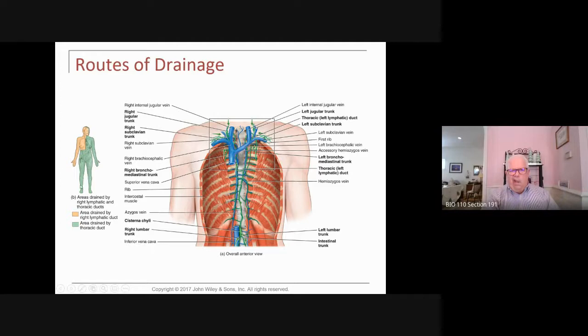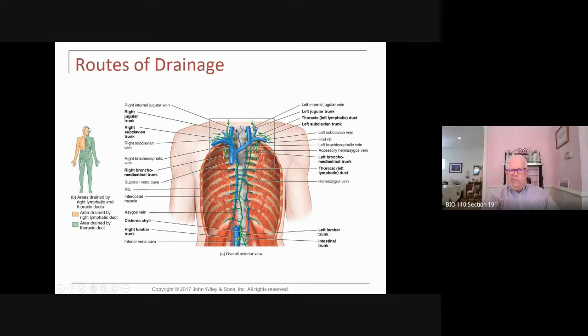So the majority of lymph gets into the left subclavian vein. The right lymphatic duct only drains the head and neck, the right side of the chest, and the right arm and hand. There it is.